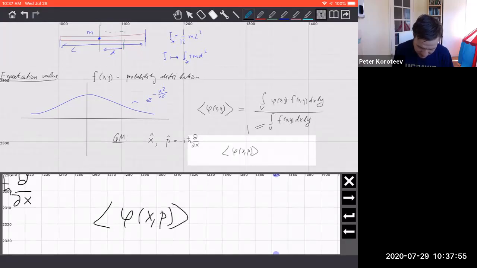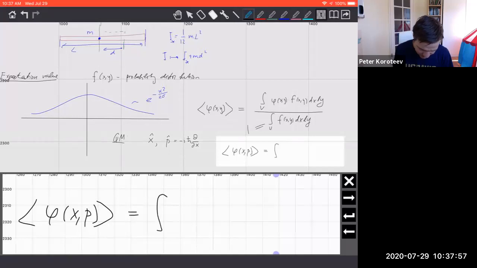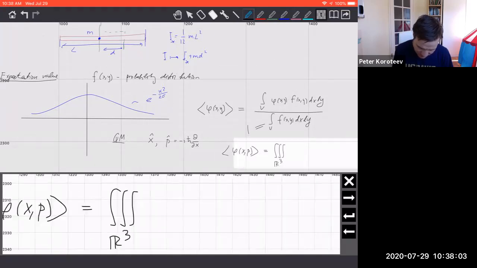It will be some integral, usually a three-dimensional integral over three-dimensional space, of this operator phi acting on the wave function.